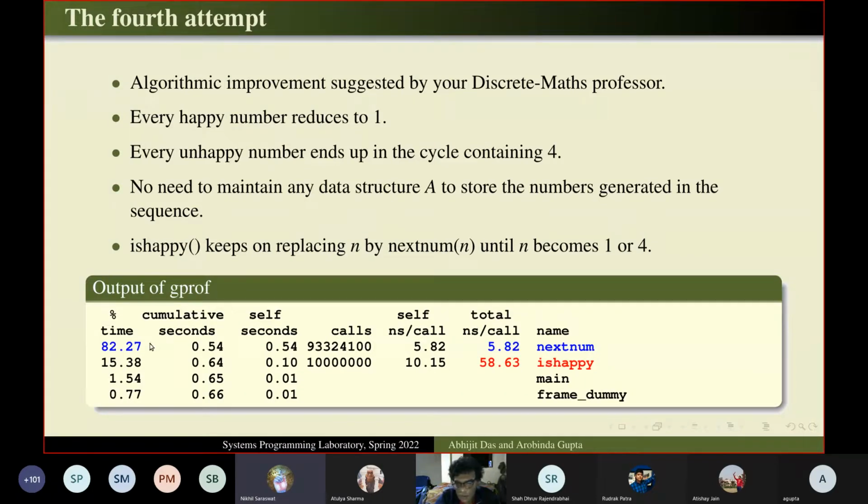Eventually, I may have to use something like an algorithmic improvement. So that's how you can exploit the help provided by a profiler like gprof. Agree? So I will stop my attempts here. There may be a fifth attempt that will make it even more efficient, but this is already good enough as a demonstration.